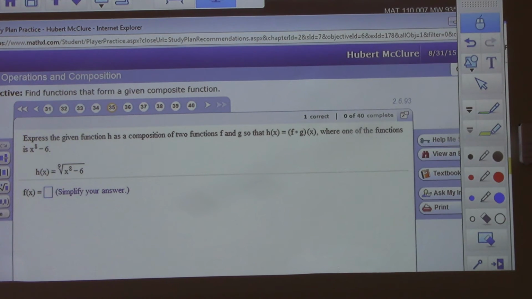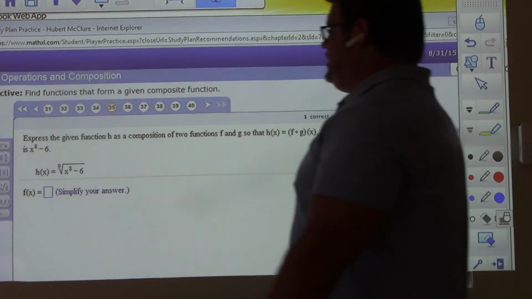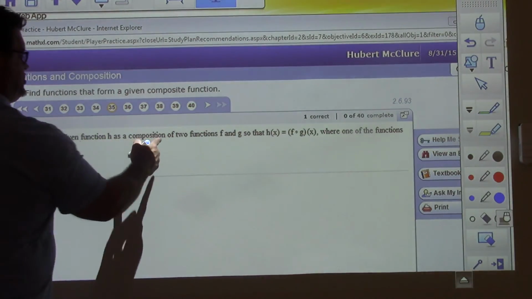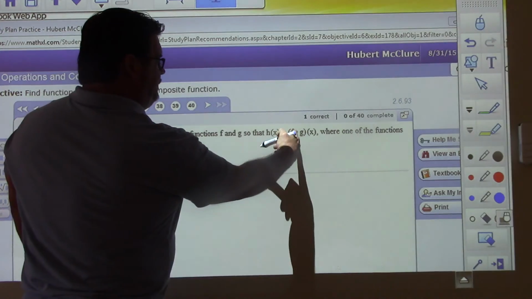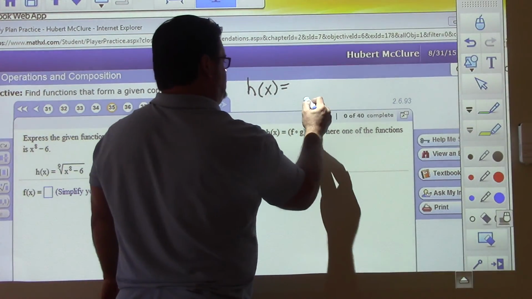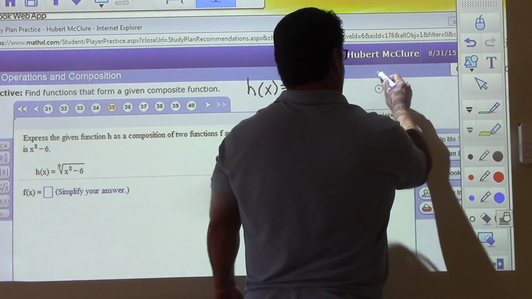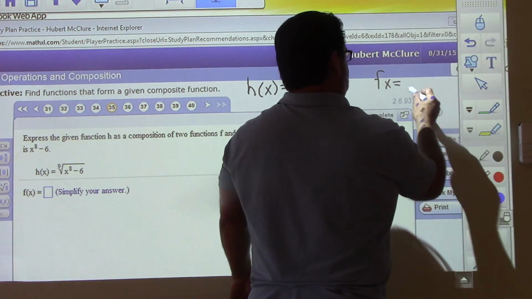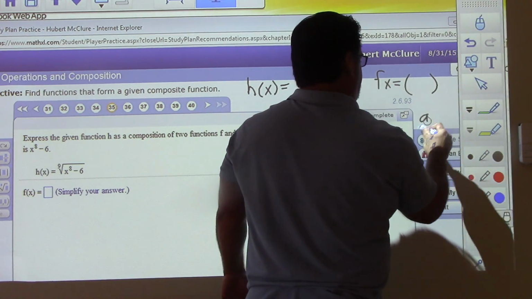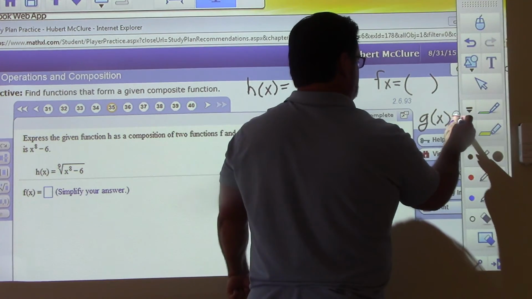Okay, this problem. It says, express a given function, h of x, as f composed of g. That means that you're going to have f of x equal to some function, and g of x is going to go where? Inside.